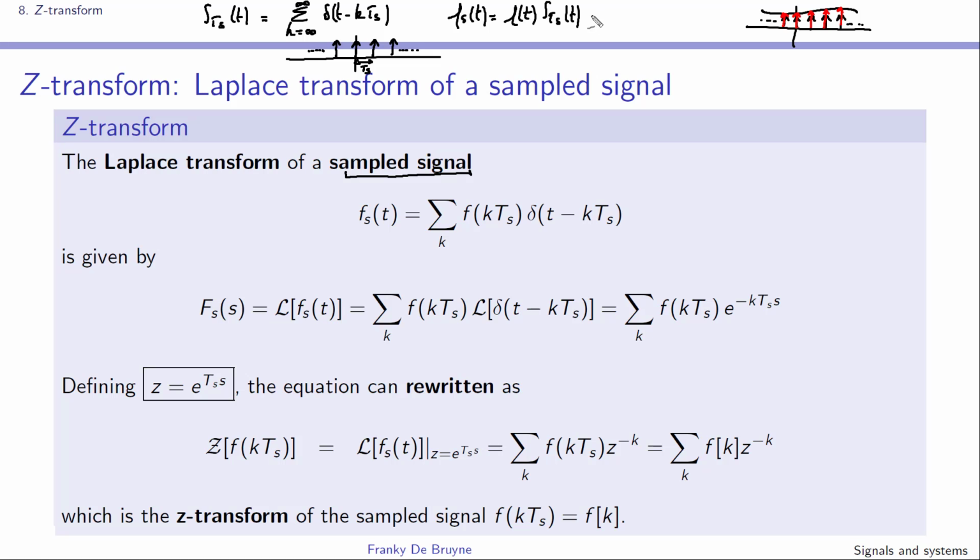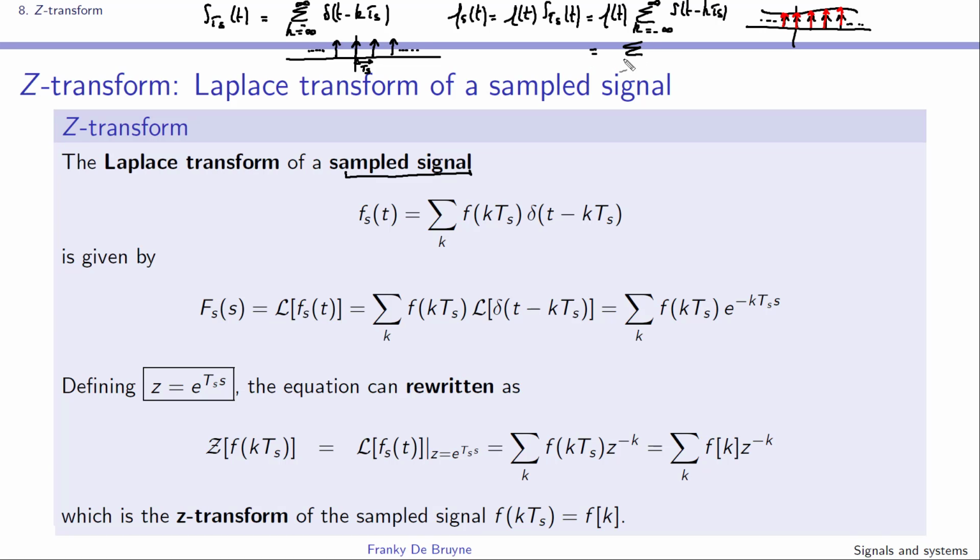So we just have to write f of t times our definition of the Dirac comb. So k is equal to minus infinity to infinity, delta of t minus k Ts. This one you can put in the sum since you're summing over k, right?